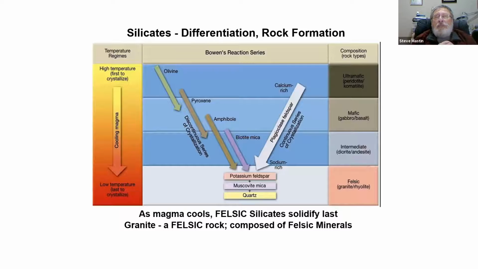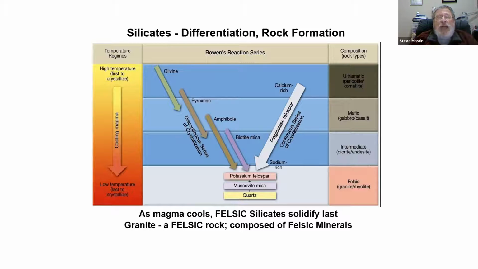So I'm going to step back now and review something that I talked about in the introduction to the barrel talk, and that is how silicates are formed. And so we start out with what's called the Bowen reaction series, where we have 4 major mineral groups that come out of the lower mantle as magma.